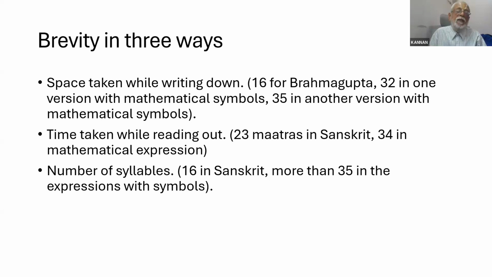There is another way to compare to see which is more brief. It is the time taken while reading out. It is 23 matras in Sanskrit. Bhu is one matra, Ja is another matra, Yo is two matras.